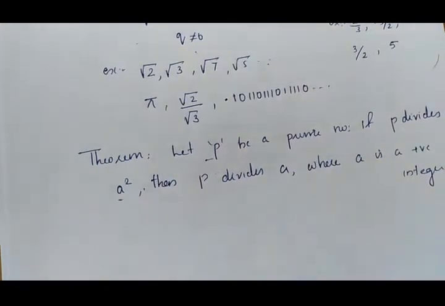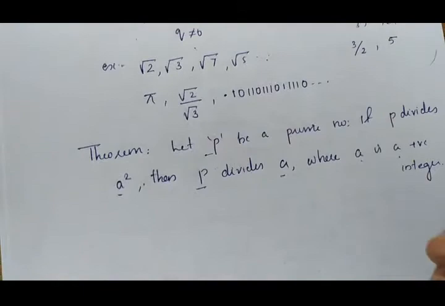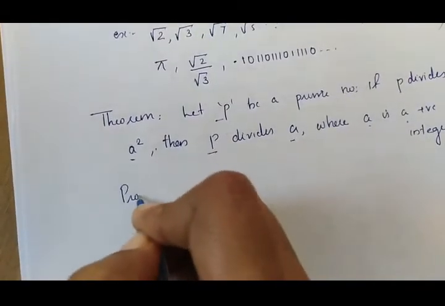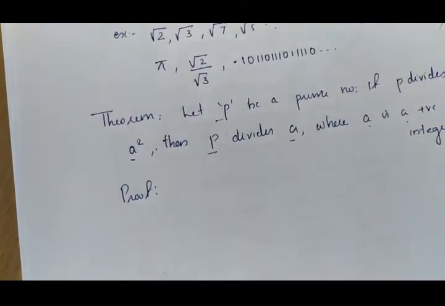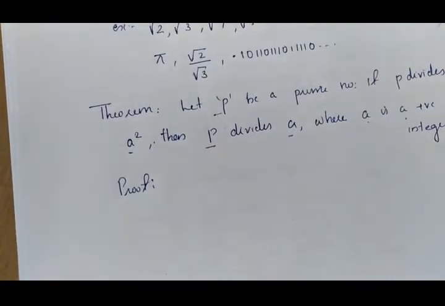If P divides A square, then P divides A, where A is a positive integer. It is a theorem used in further problems, mainly for further problems. So please try to understand it thoroughly.